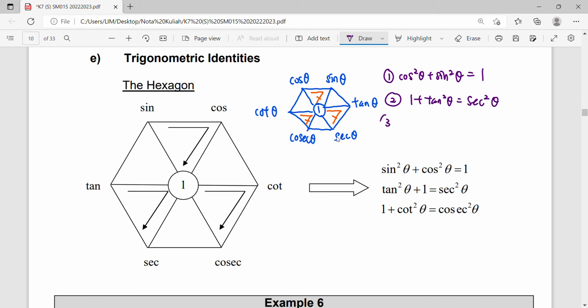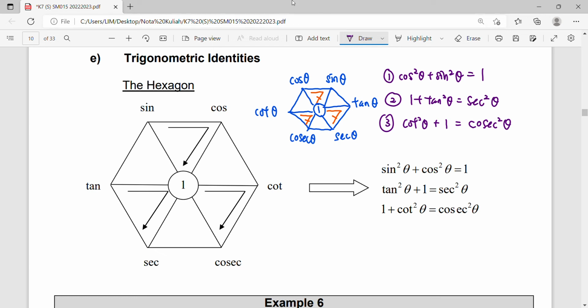Third one, it will be cotangent square plus 1 give you cosecant square. So this will be an alternative way for you to memorize your identities formula.